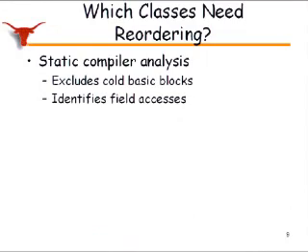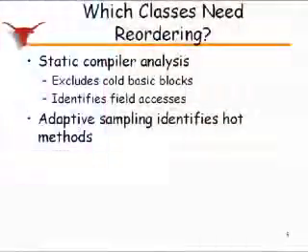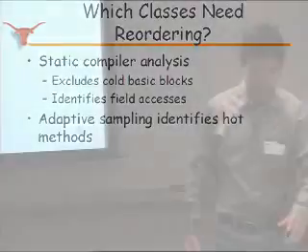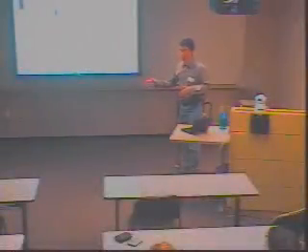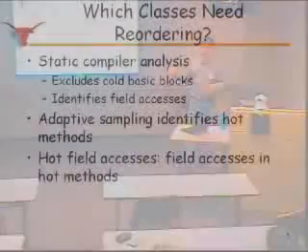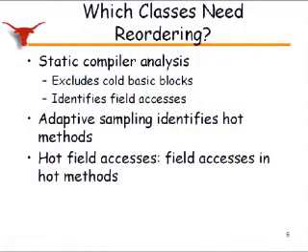So the static compiler analysis we use is very simple. First, we exclude the cold basic blocks from the method. And then second, we just get the field access information in the rest of the basic blocks. The next step is using adaptive sampling to identify hot methods at runtime, and most VMs can do that.